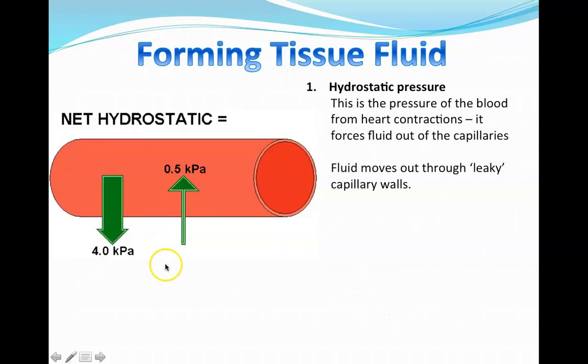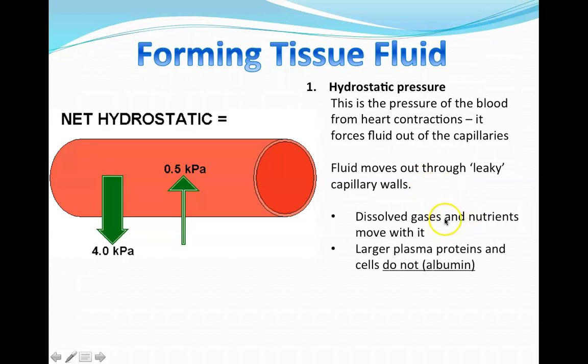Hydrostatic pressure is the pressure of the blood from when the heart beats, from a heart contraction, and this forces fluid out of the capillaries. So every time we have a heartbeat, blood leaves the capillaries and goes into the tissue or to the muscle, and this is caused by hydrostatic pressure, and it moves through leaky capillary walls.